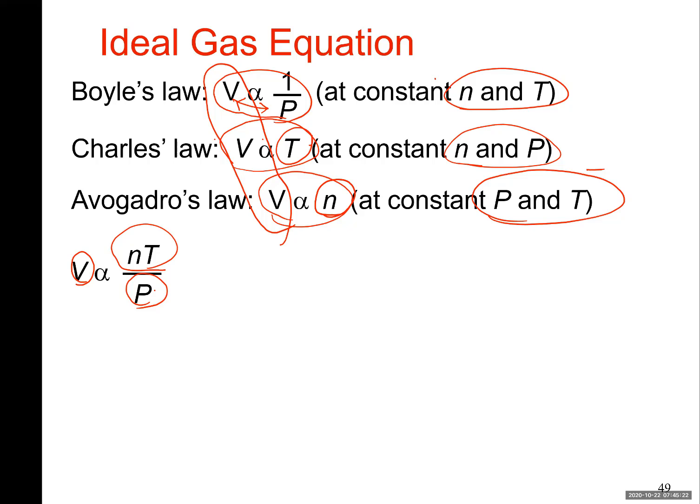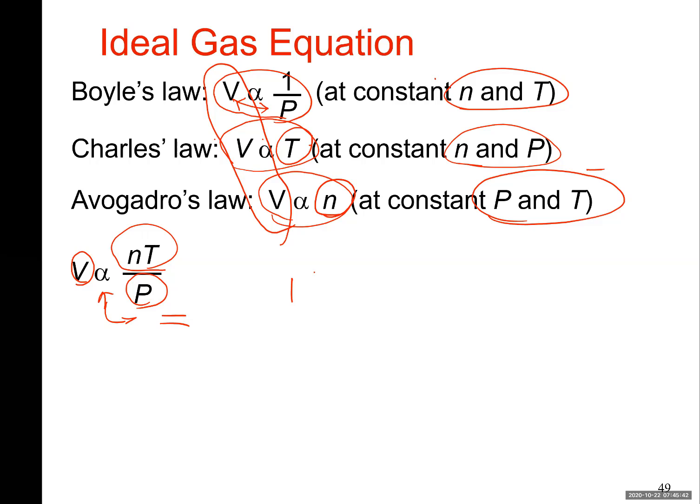And just like what we did before, I want to convert this proportionality to an equation. What did we do before? How do you replace proportionality with an equation? What do I need?